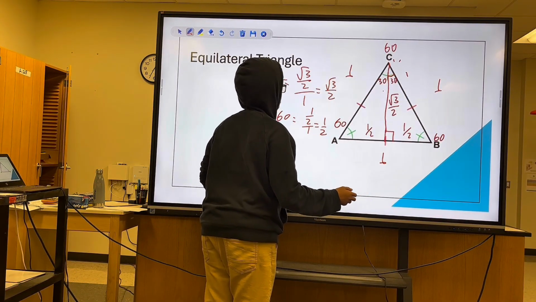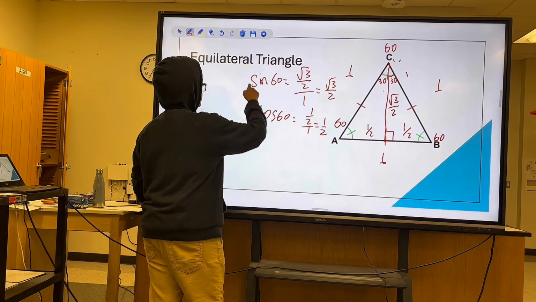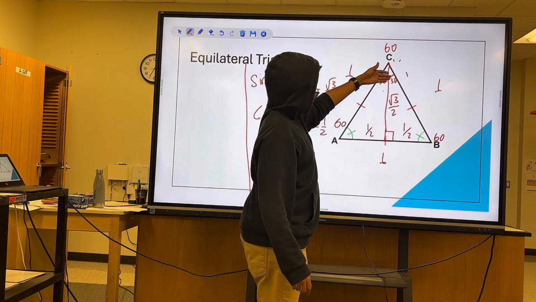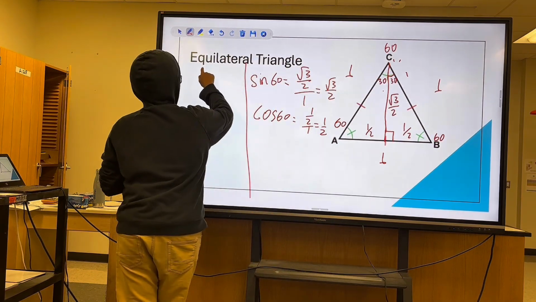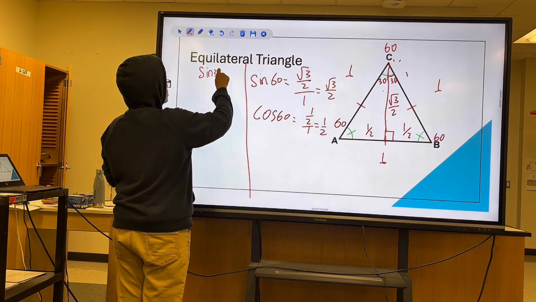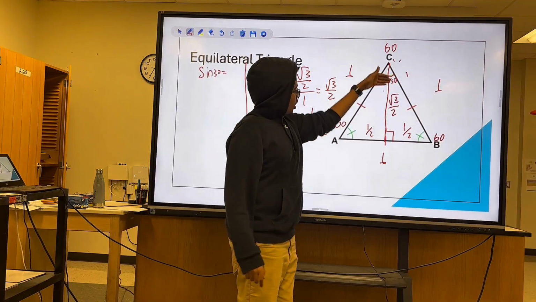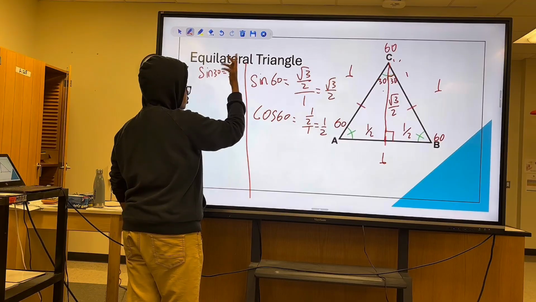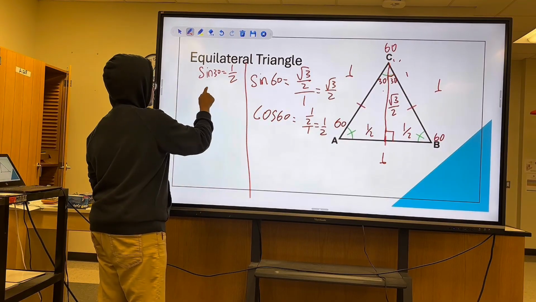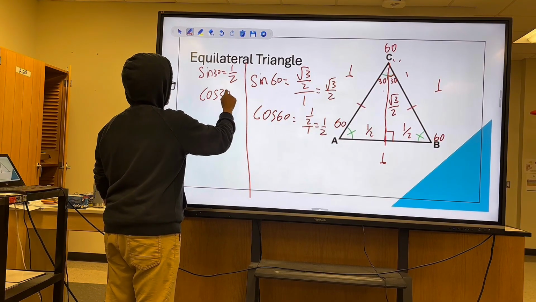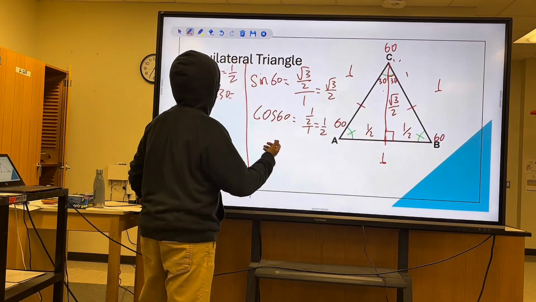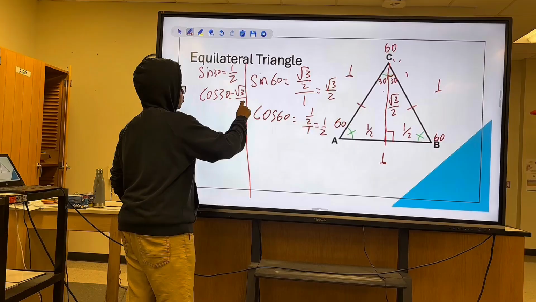And now we're going to calculate the values for the 30-degree mark. The sine of 30 degrees is going to equal the opposite over the hypotenuse, which is 1 over 2 over 1, which is just 1 over 2. And now the cosine of 30 degrees is going to equal adjacent over the hypotenuse, which is square root of 3 over 1, or square root 3 over 2.